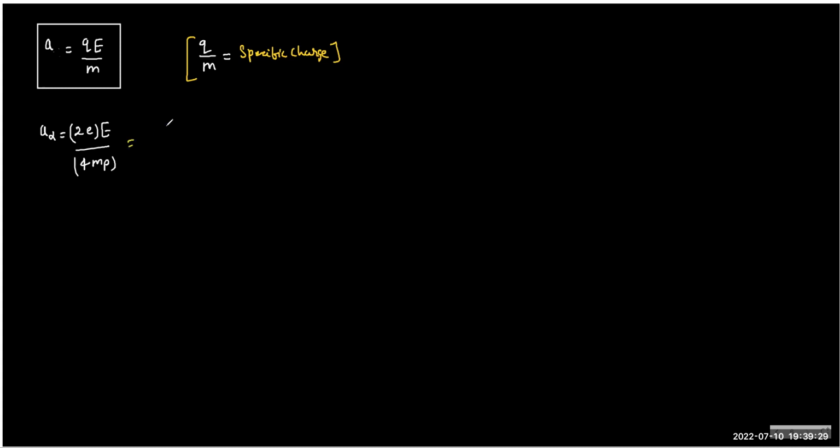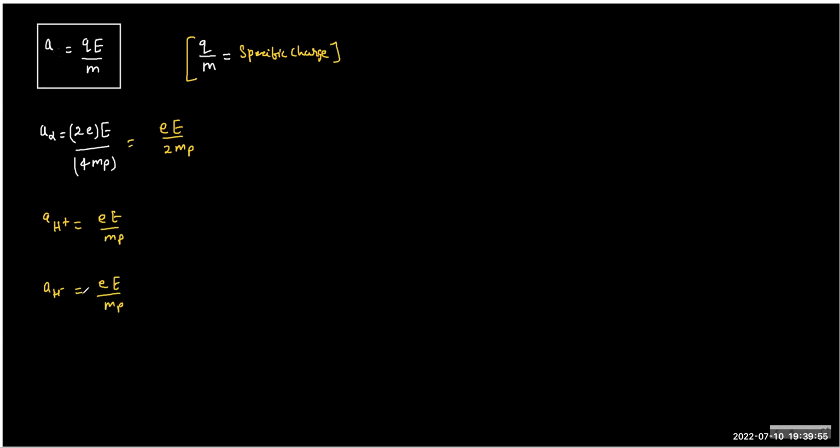So we can get here E by 2mp. Similarly, what about the H plus? E by only mp. That's done. What about the H minus? Same value, this is the only negative value. So E by mp. Acceleration will be the same, but direction will be opposite.